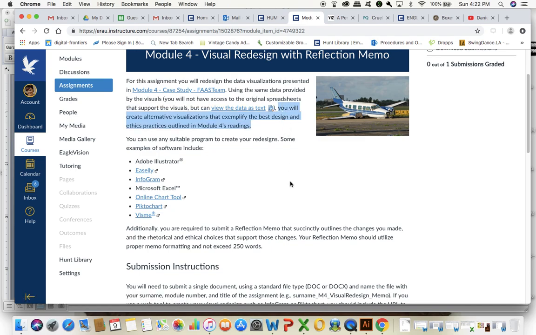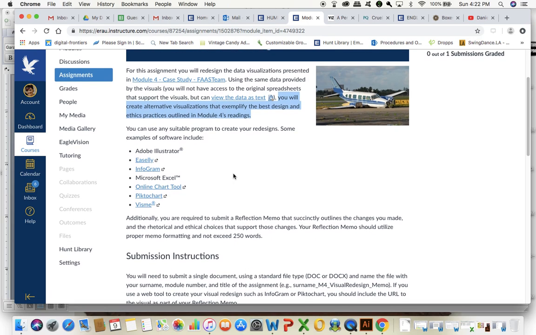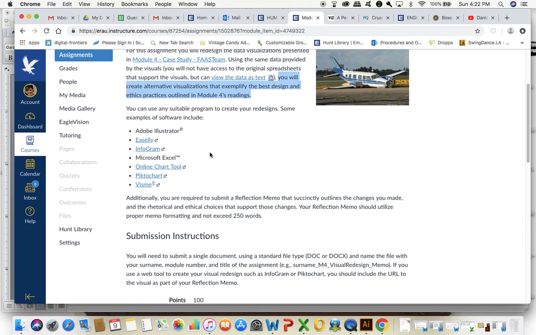And then what you have to do is create alternative visualizations that exemplify the best design and ethics practices outlined in this week's readings in Chapter 3 and Chapter 6. And then it gives you some examples of the different platforms that you could use to create your 3 redesigns. So you may be familiar with some of these, you may not.